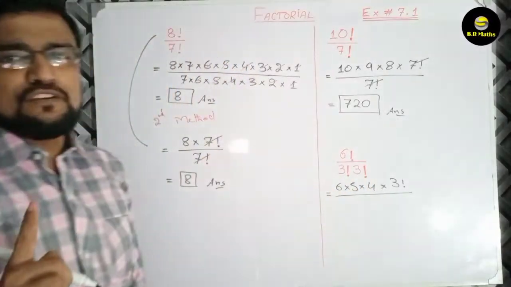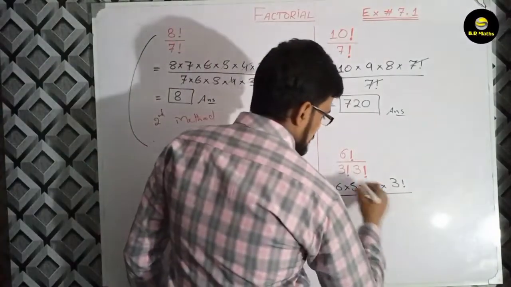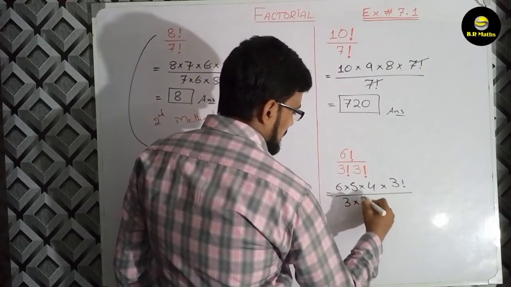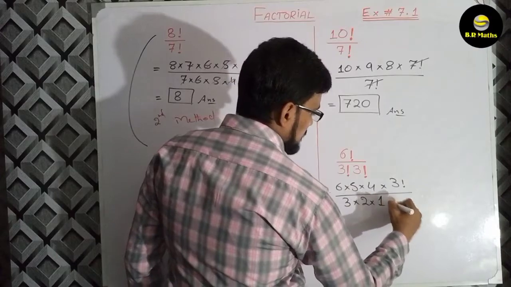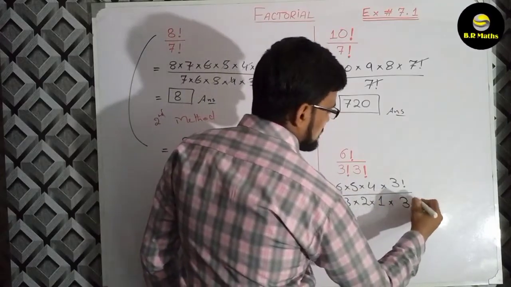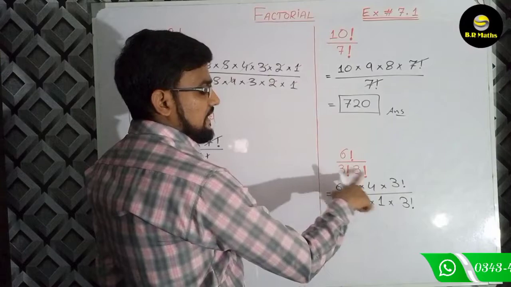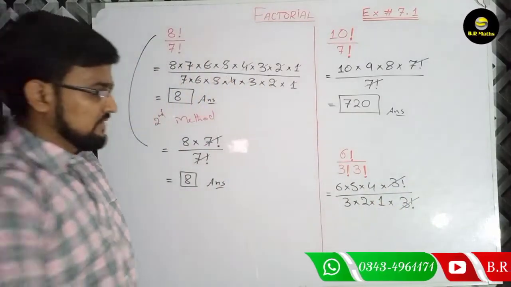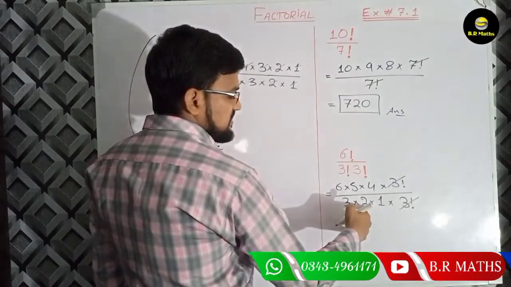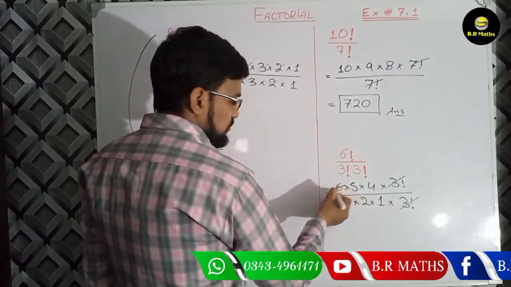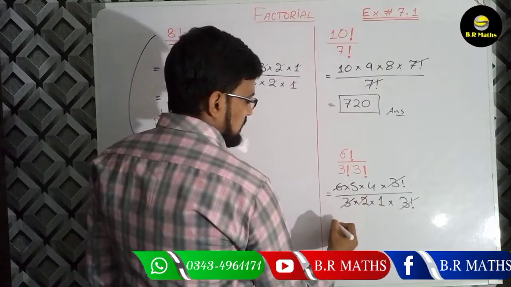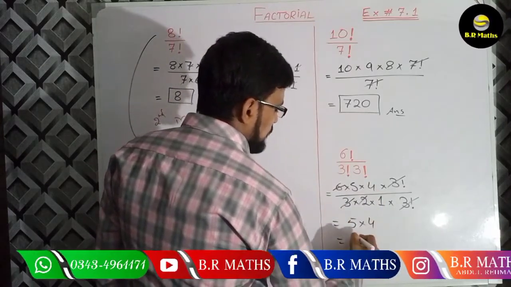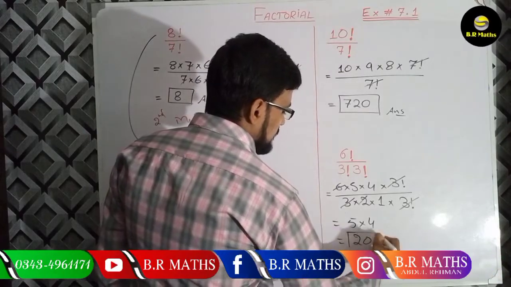One 3 factorial cancels with the one in the numerator. The remaining one is 3 multiplied by 2 multiplied by 1, which is 6. So 6 cancels with this 6, and the final result is 5 multiplied by 4, which is equal to 20.